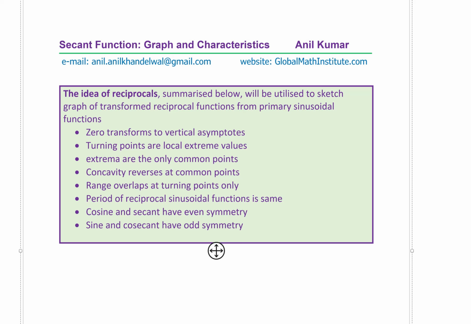So let's look into this idea of reciprocals once again. The idea of reciprocals summarized below will be utilized to sketch the graph of transformed reciprocal functions from primary sinusoidal functions. So we are going to use this strategy for secant x as well as cosecant x, okay? That is what we are talking about, primary sinusoidal functions. Important things which we learned: one, zeros transform to vertical asymptotes.